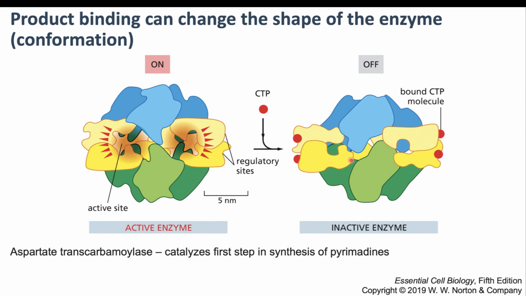The active site is closed off. So again, this is allosteric regulation because we have a molecule binding at a site other than the active site, and it's causing a conformational change. And in this case, the conformational change is affecting the active site so that it can no longer bind to substrate. So this would be inhibition.